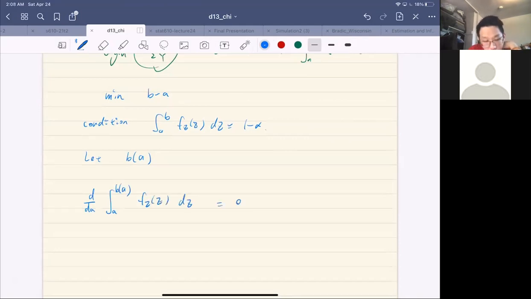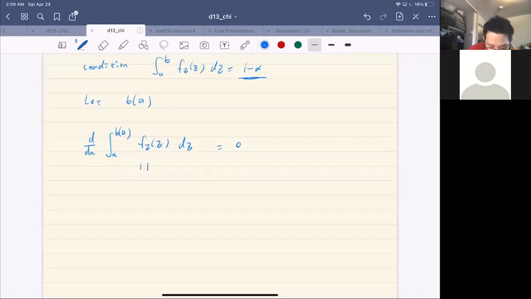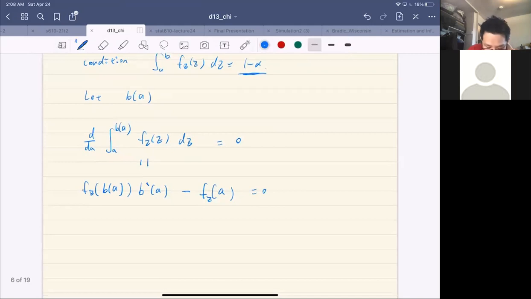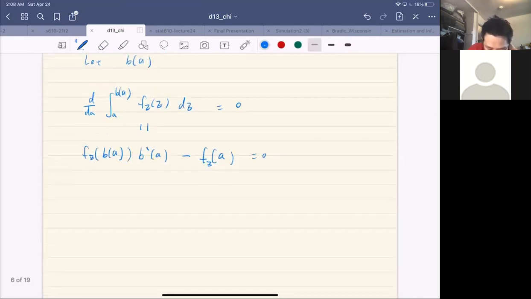This should be 0 because this is constant. So that would be like f(B(A)) B'(A) plus, minus f(A), equal to 0. So for this, we can find the derivative B'(A). So B'(A) is equal to f(A) divided by f(B).